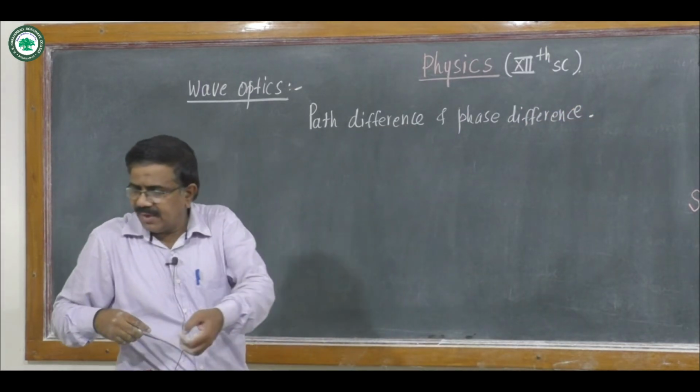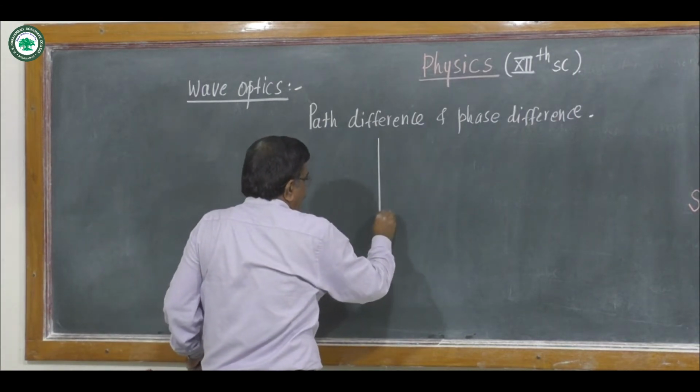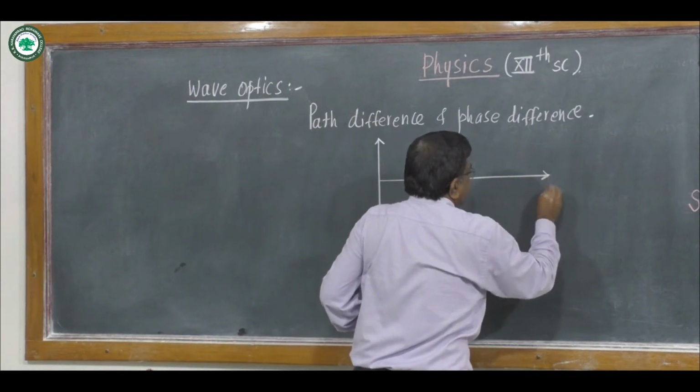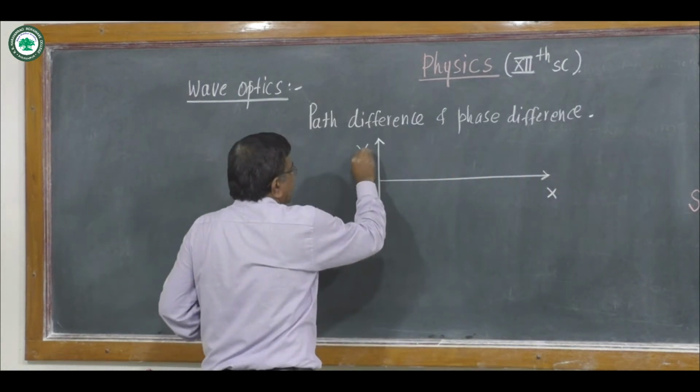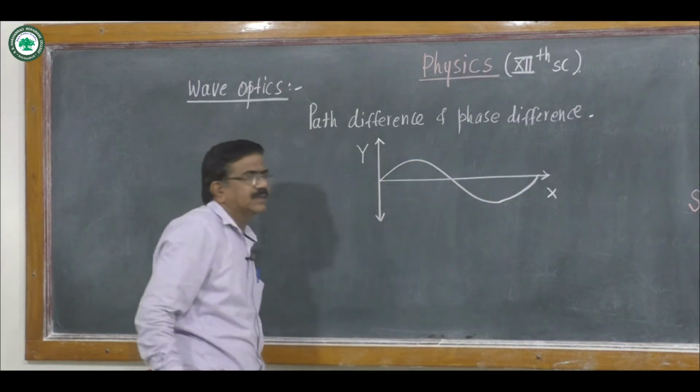Path difference and phase difference. Suppose a wave is traveling along this x-axis. This is a wave, one wave.